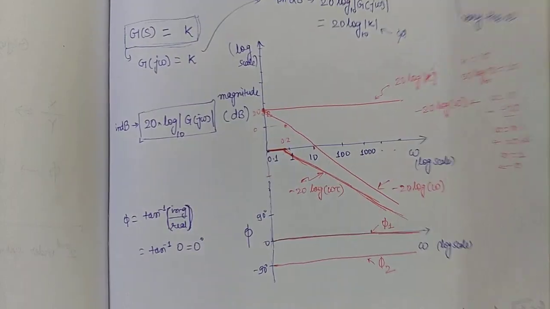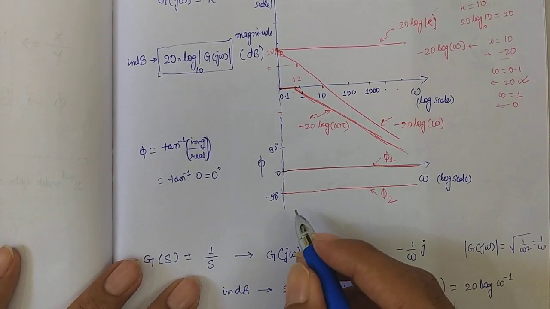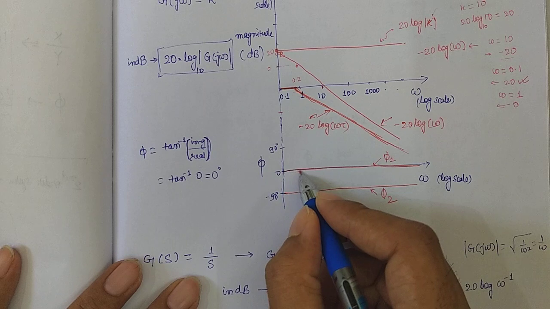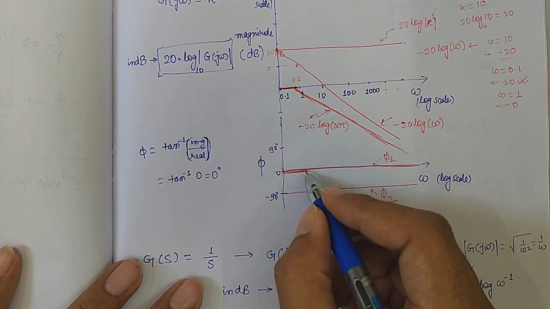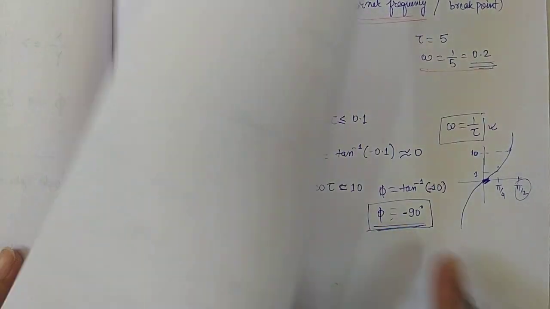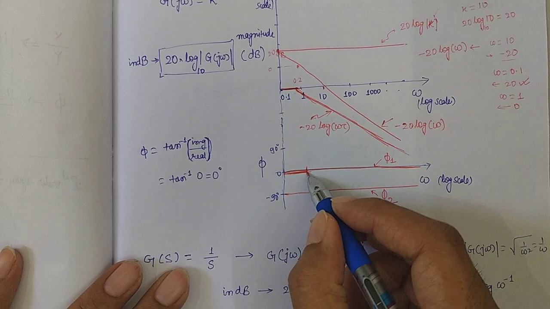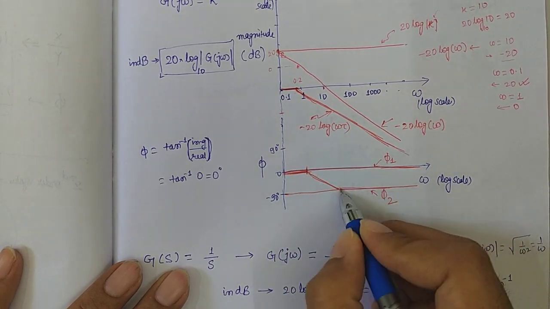So how will this thing be represented here? Till some part you will be having 0, and after that you will achieve minus 90, right? So you will go something like this and you will achieve this.